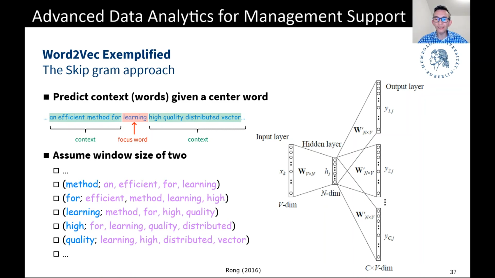So the output layer has the dimensionality C times V, whereas the input layer has dimensionality 1 times V, and we have this bottleneck layer again.